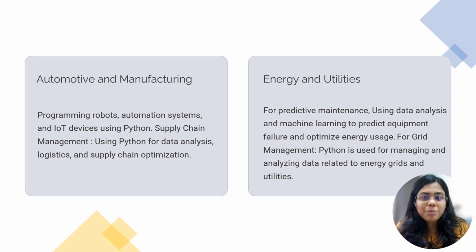Imagine there is a power plant, and if there is any breakdown that is going to happen, Python and machine learning help predict it, allowing us to regularize the maintenance and decrease any issues in the equipment. It is also used for grid management, where Python is used for managing and analyzing the data relating to the energy grids and utilities.